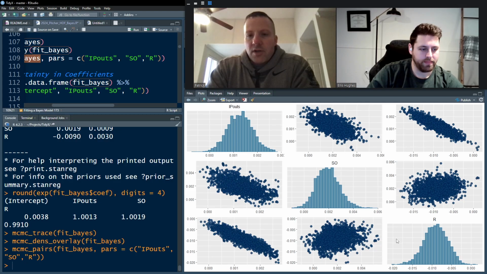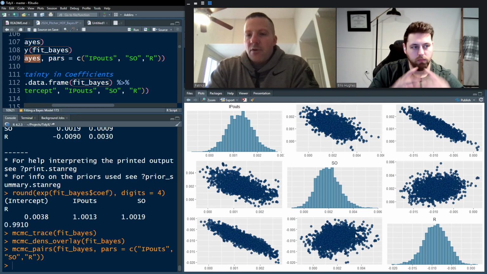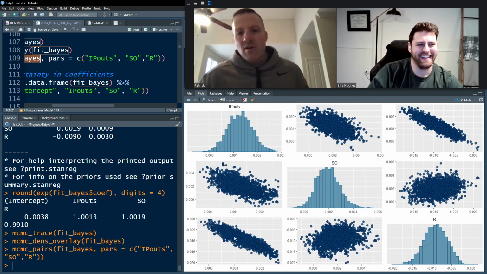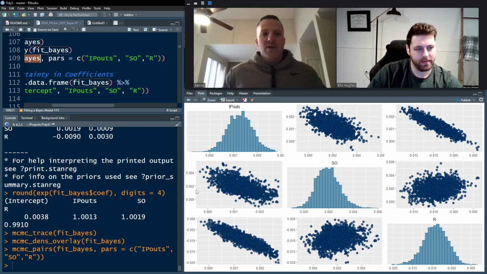There's a very large linear relationship, and then strikeouts and runs looks more like a cloud of dust that has been thrown onto the canvas, and we can see that they're all relatively normally distributed.